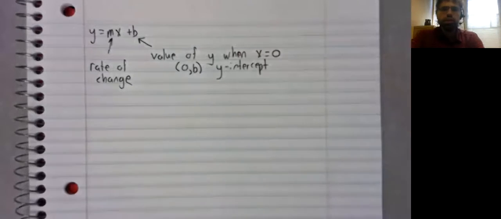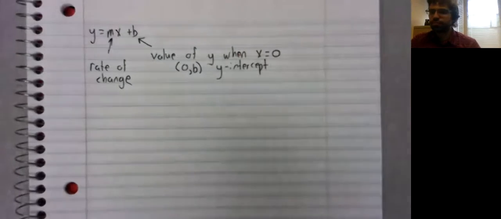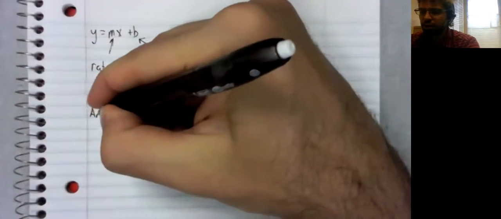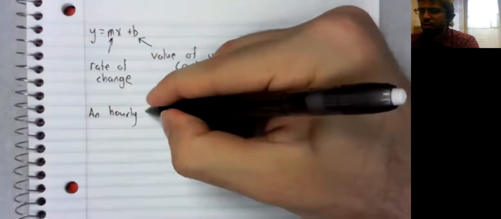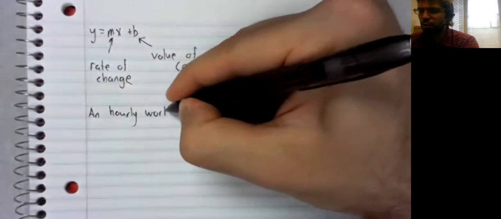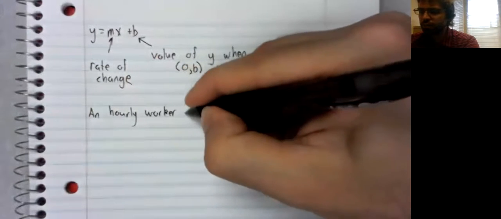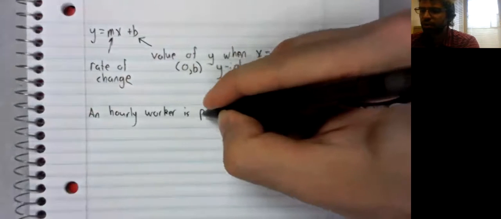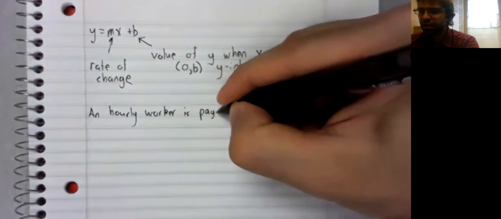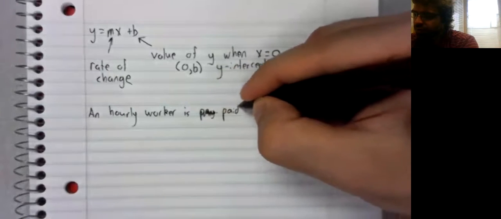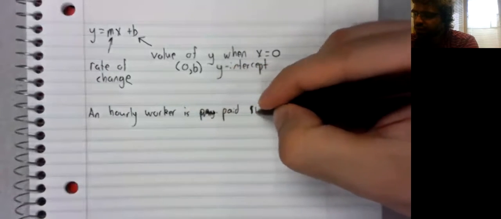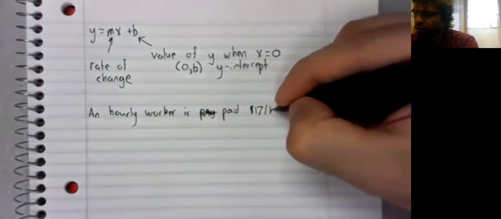So let's take a look at a few examples. An hourly worker is paid $17 per hour.